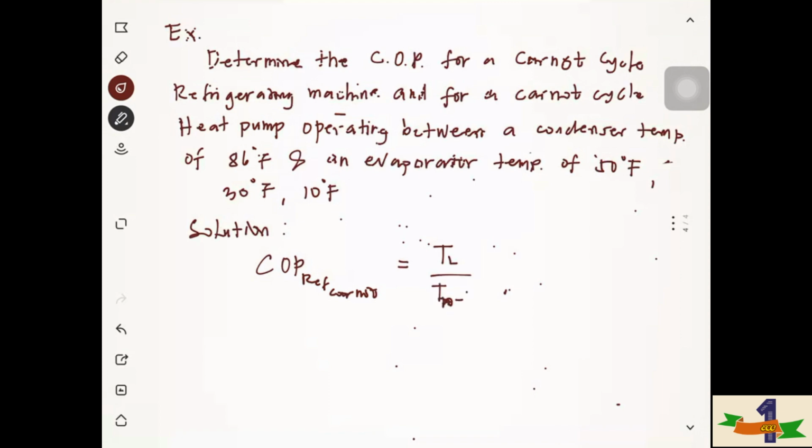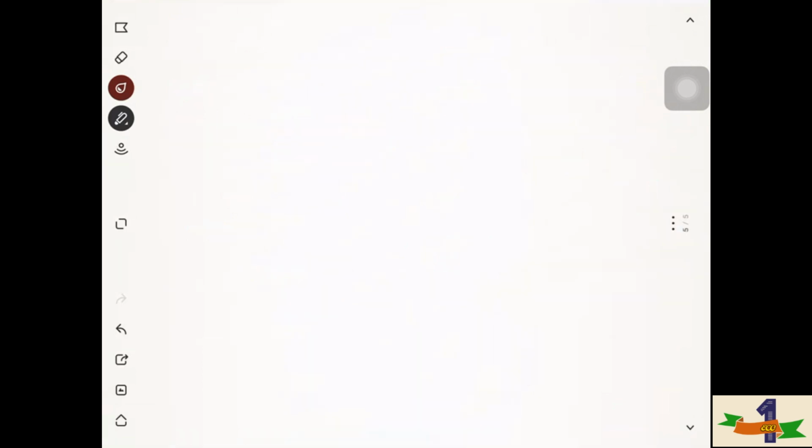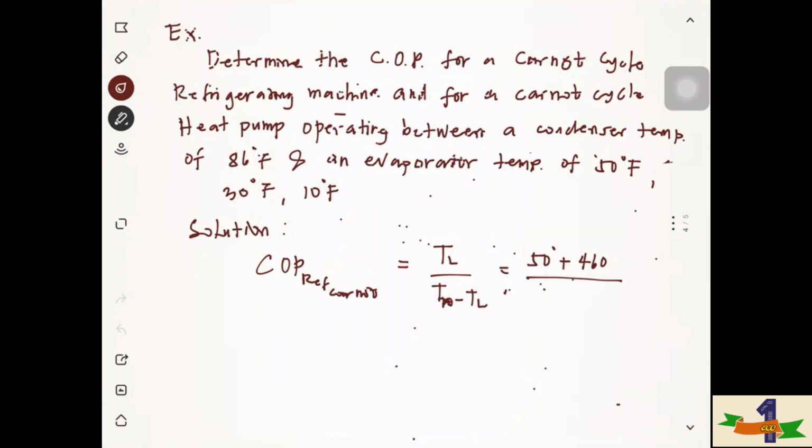So for our TL, first we will consider the 50 degrees Fahrenheit. This is 50 plus 460 Rankine, and this is the conversion for the Rankine. For TH minus TL, we have 86 minus 50.